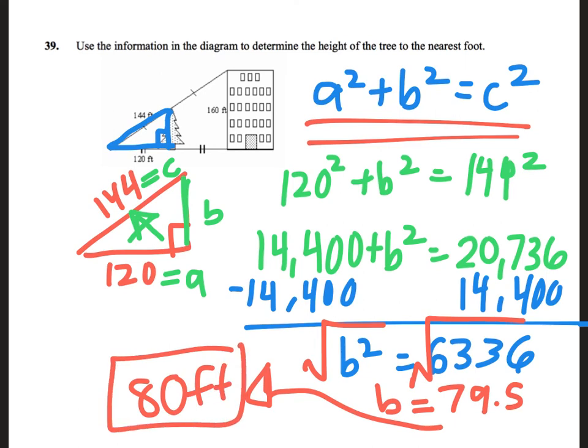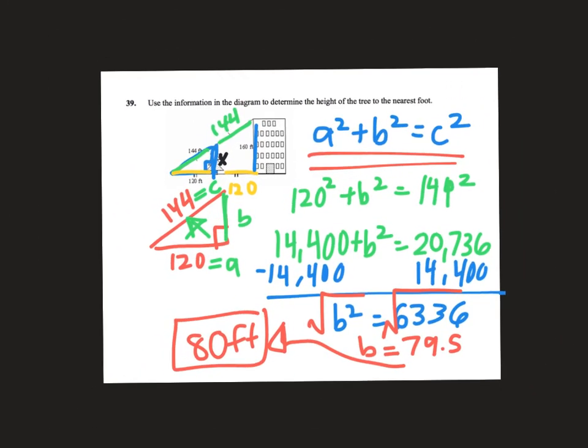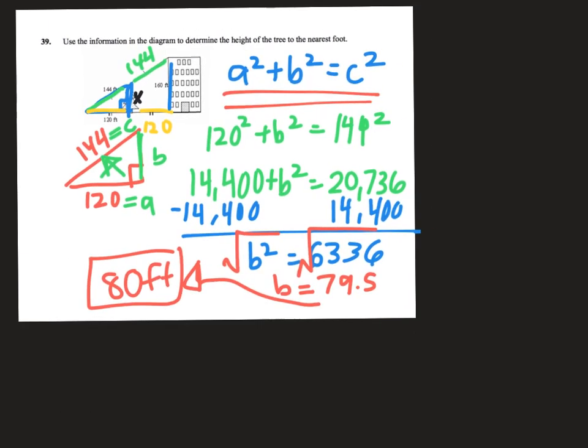Now notice they tell us that this part and this part are the same. So we could say this is 144. They also told me that this part and this part are the same, so we could say this is 120. Now technically we're looking for x here, and you could set up a proportions problem where you do these two sides over each other. So do the two blue sides together.